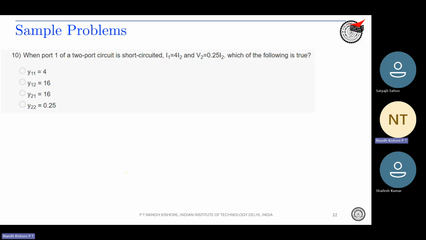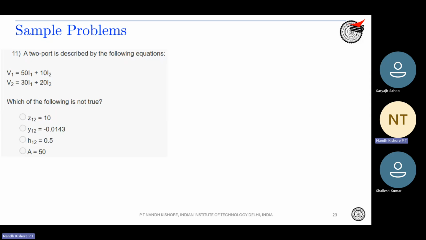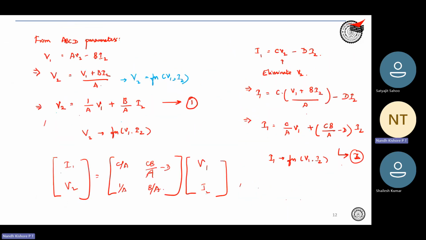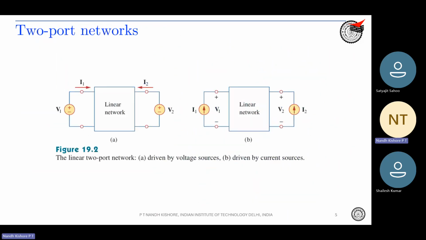Okay. So if port 1 is short circuited, we go back to the basic definition of a two-port network, correct? In this figure, port 1 is short circuited. It means that V1 is equal to 0, right?